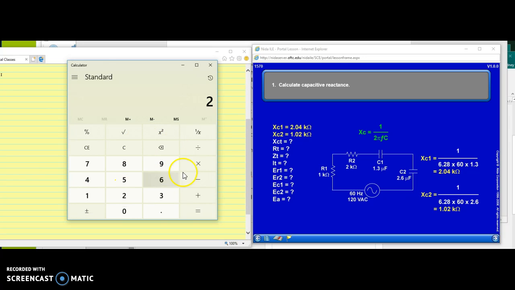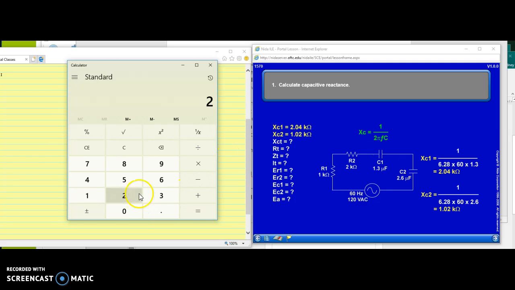So let's do it again. 2 times 3.14 times 60 times 0.0000013, which is 1.3 microfarads converted to simply farads, equals, reciprocate that, and we come out with 2041, which if we move that decimal place 1, 2, 3, we come out with 2.04K.